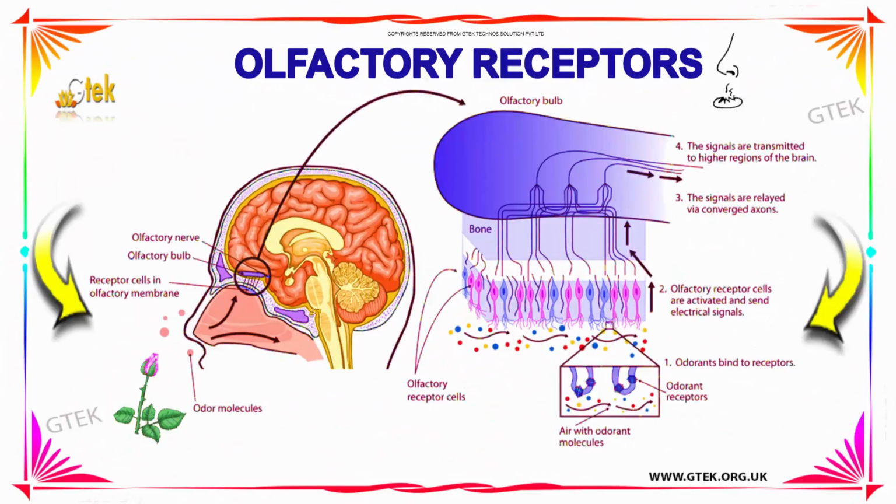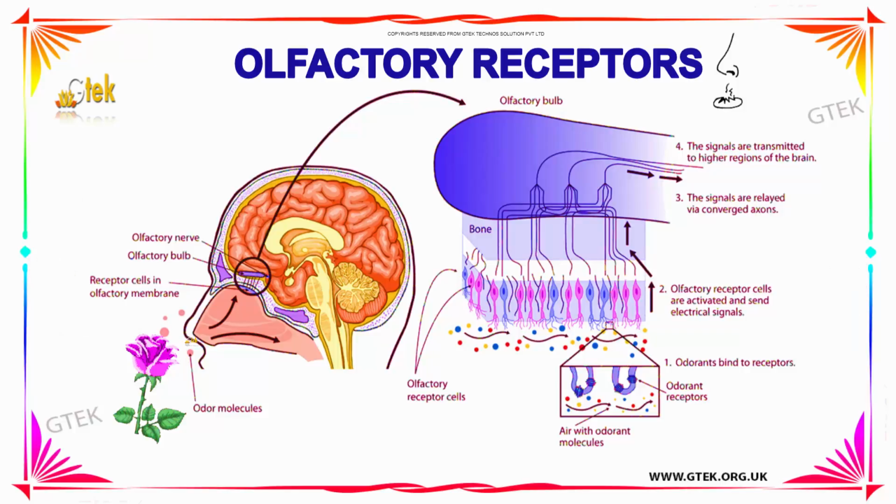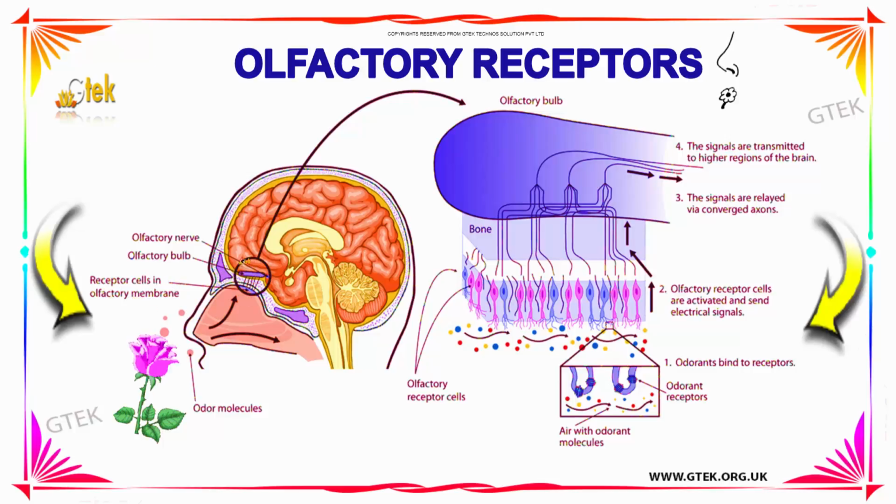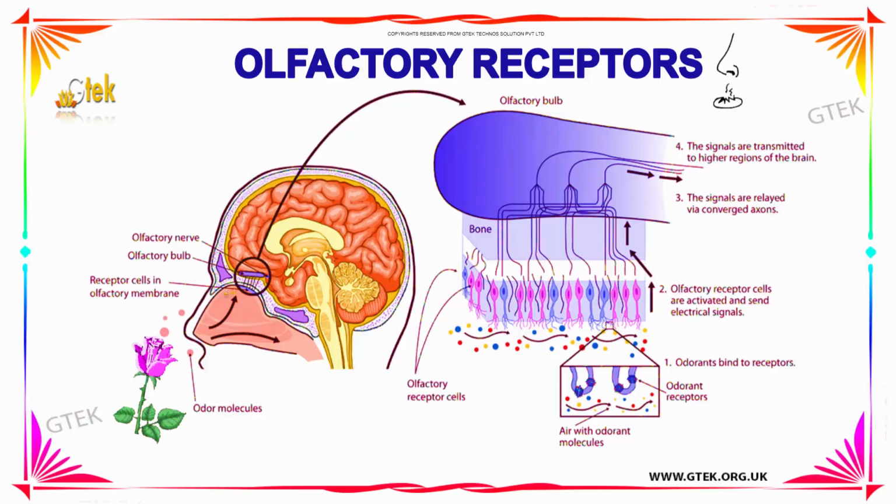Now we are going to see the process of sensing the smell. If a person has the sense of smell, then the odor molecules will enter his nostrils. The receptor cells that are in your olfactory membrane will capture the smell and send it to the olfactory bulb.